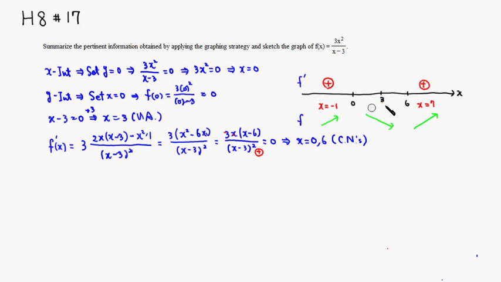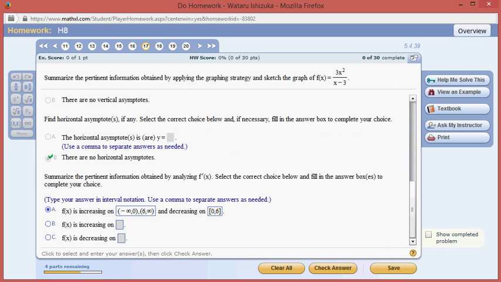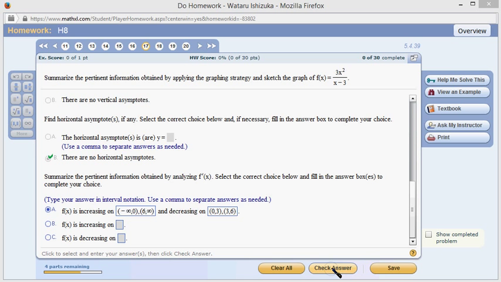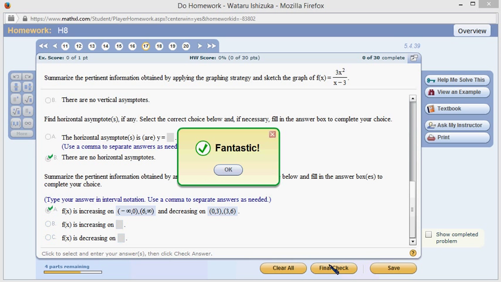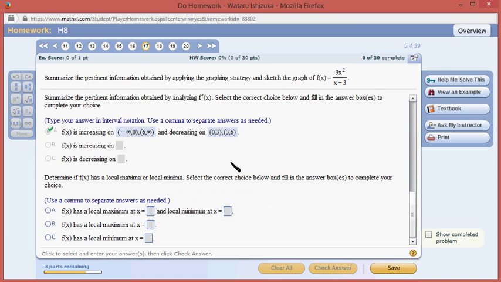You can try x equals 1 and x equals 4, something like that, but it's going to turn out to be negative here and negative there. So what we need to do is, instead of 0 to 6, I'm going to have to actually eliminate 3, which makes sense, right? Because 3 shouldn't be included. So 3 to 6. And how about that? All right, we got that. Sorry about that.